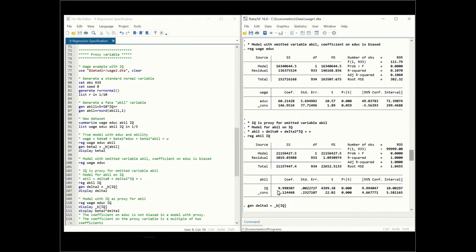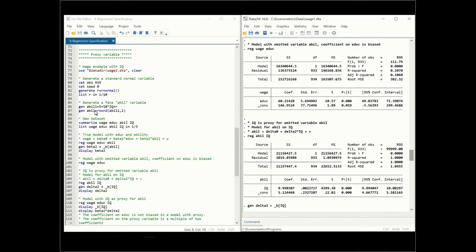So notice something interesting. That coefficient is very close to 10, and this coefficient is very close to 5. And the reason for that, if you remember how I generated that ability variable, is I gave it the equation 5 plus 10 times IQ, plus an error term that came from a standard normal distribution.